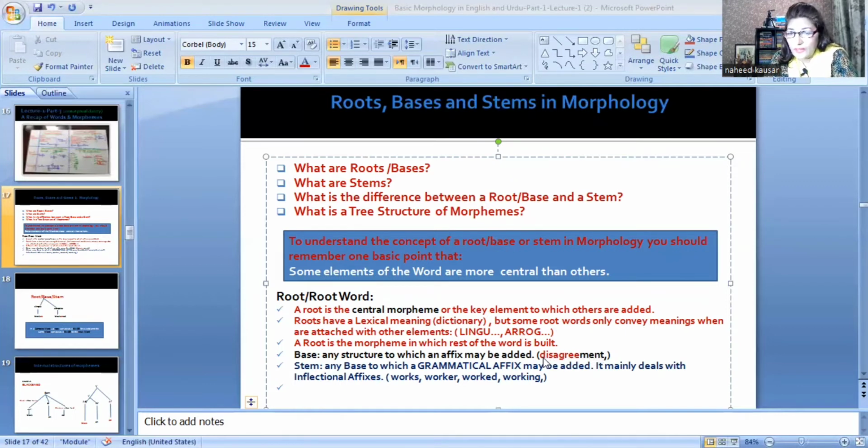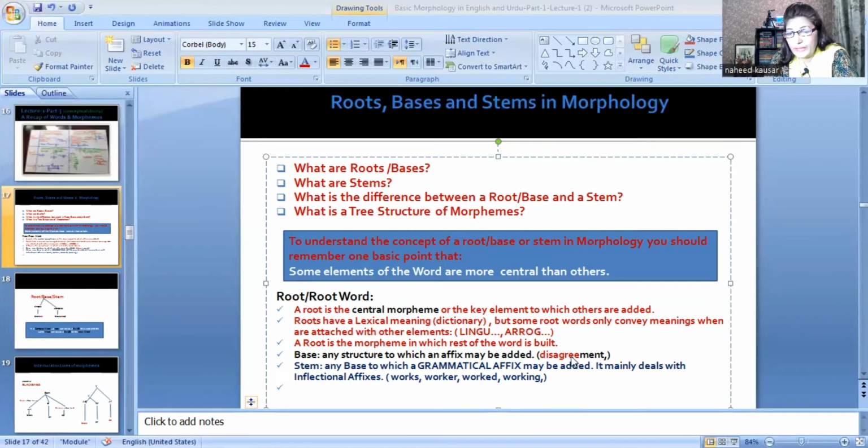Now see that here disagree itself can be further divided, and to this, the ment component is attached. For this ment component, disagree will be the base, right? Now you can see that there is a difference.